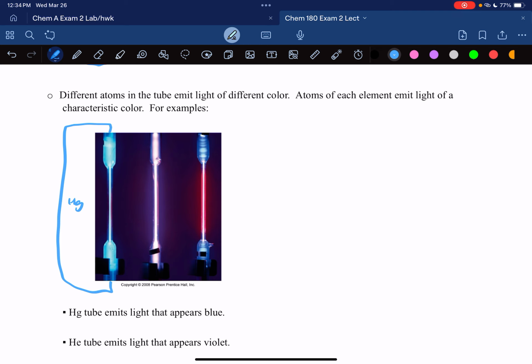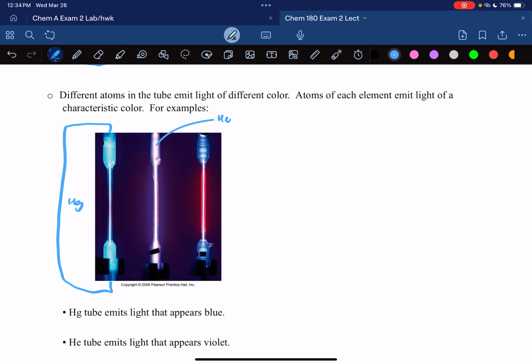Yet another one, if I put helium inside and energize it, then when it drops down to its ground state, the original energy level, it emits violet light.